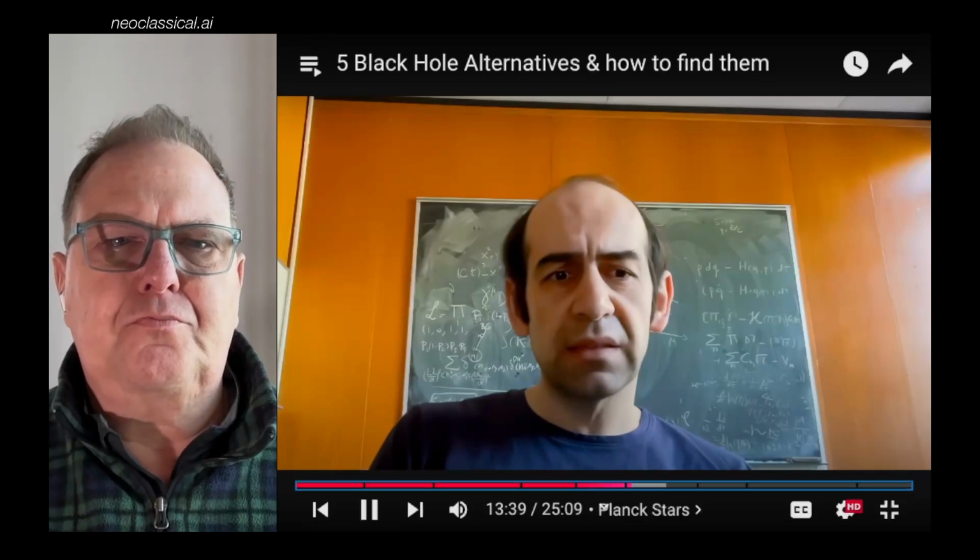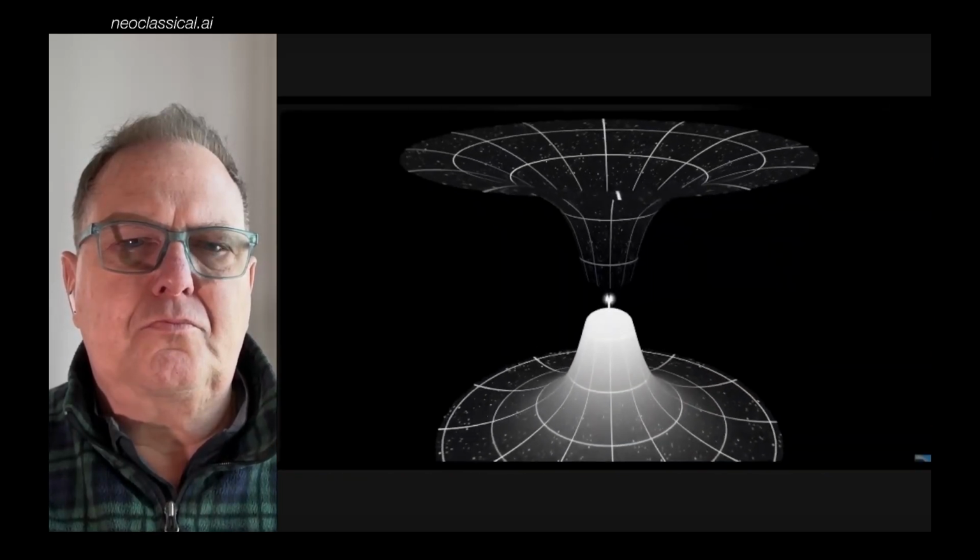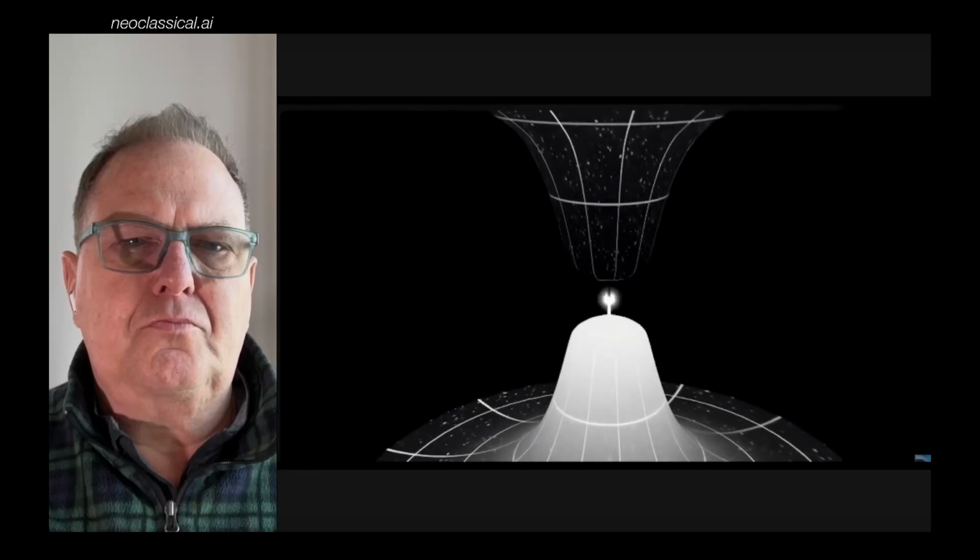Now, the idea of Planck stars is that at some point when you get close to forming a singularity, you have some quantum effects that turn things inside out. So your crushing singularity becomes a banging, like a Big Bang singularity. And then out of that, you make a white hole.